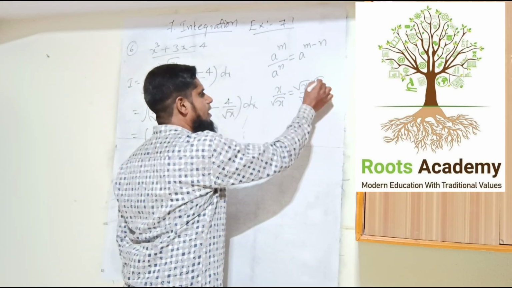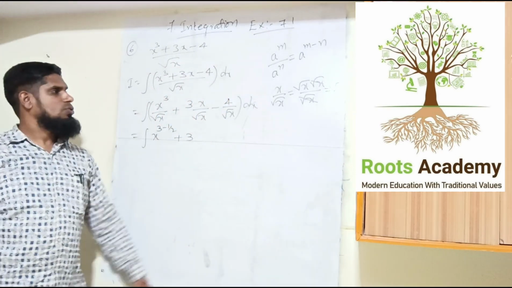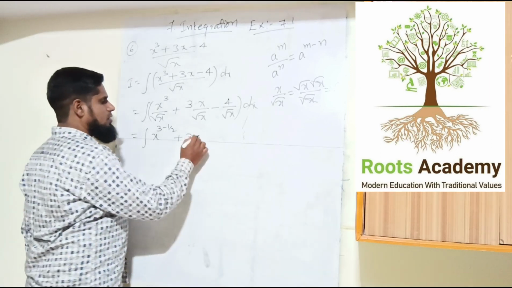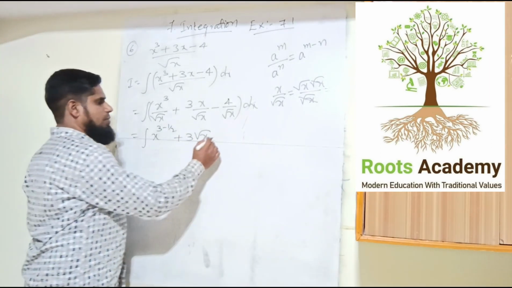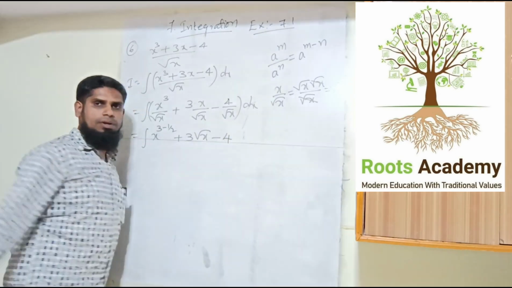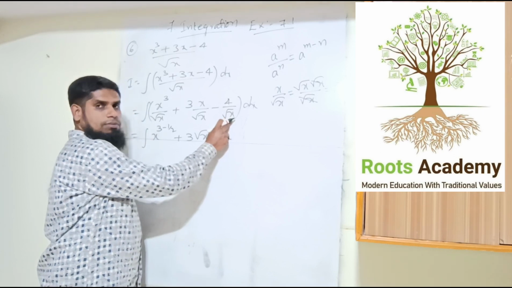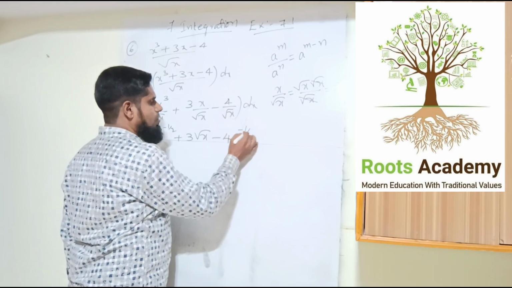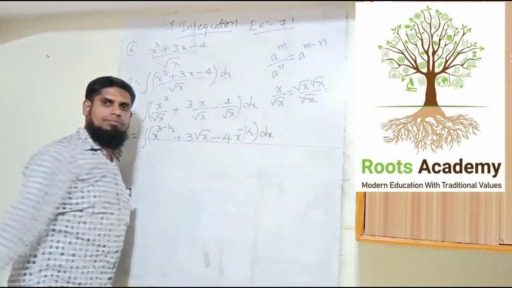Now one root x gets cancelled, finally it is root x. So wherever we get x divided by root x, there we can write simply root x or x power half, minus 4 x power root x. Root x means x power half, and if we shift to the numerator, it is x power minus half, into dx.